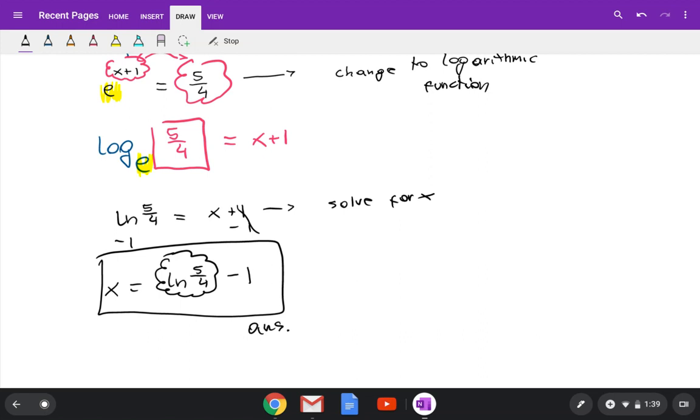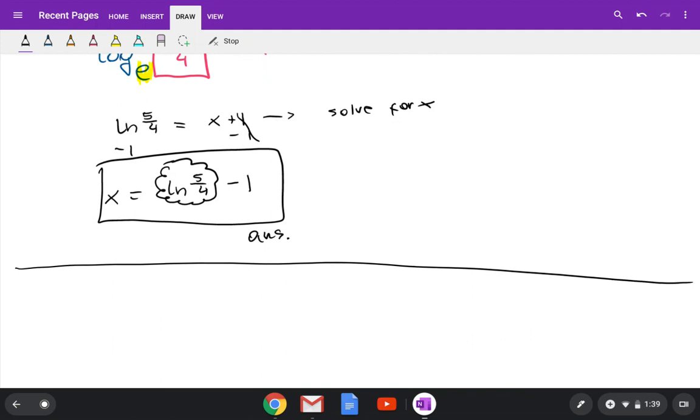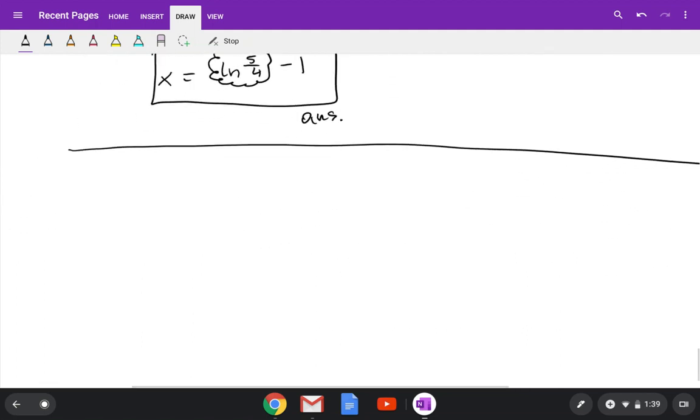Last one, I want to talk about the applications. So we're just going to solve one word problem. Applications. So I selected one problem from your textbook. This is number 121 from page 451.